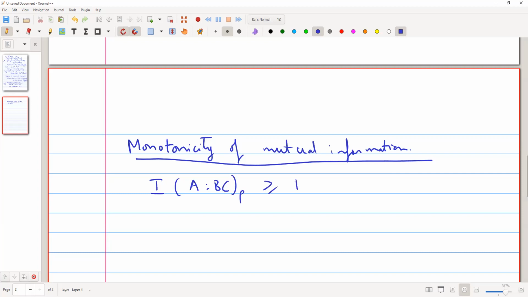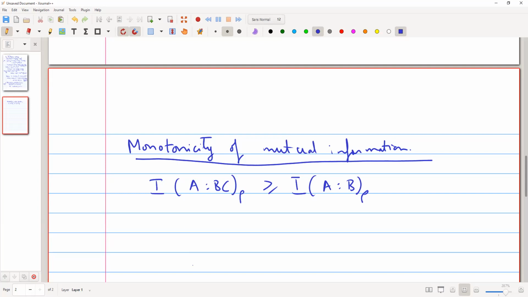This is greater than the mutual information between A and B. It feels almost obvious classically, and classically it's easy to prove. Informally it says that the mutual information between A on one side and BC on the other side can only go down if the other side forgets C.